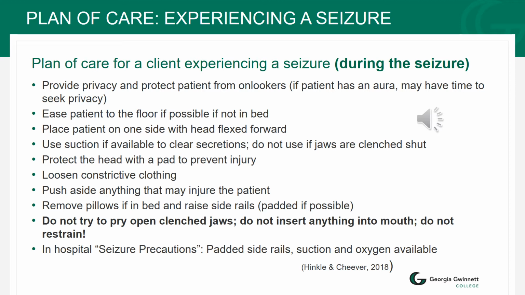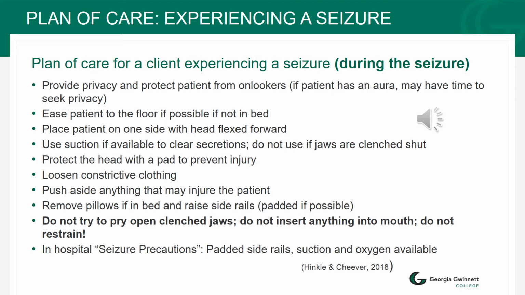So if you can, we want to place them on their side with their head flexed forward. If they're on the floor, you can put a pillow or some kind of pad under their head to protect it, because with the tonic-clonic seizure, their entire body will be doing jerking movements, so we don't want them to cause a head injury from this seizure.